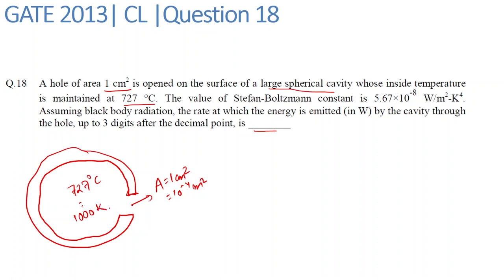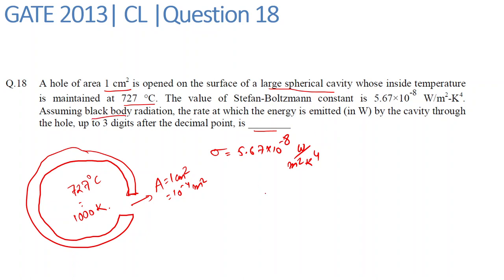The value of the Stefan-Boltzmann constant we have been given as 5.67 into 10 raised to minus 8 watt per meter square Kelvin raised to 4, and we have to assume this system as a black body and find the rate at which energy is emitted.